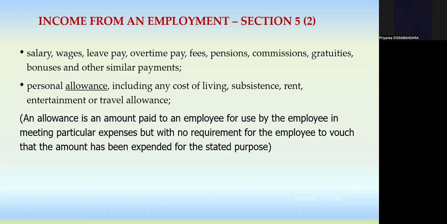Section 5(1) is the introduction of that employment income. It says, an individual's income from an employment for a year of assessment shall be the individual's gains and profits from the employment for that year of assessment. That means it is an introduction for the employment income. So if we receive any income in respect of the employment, all that income should be categorized under employment income.